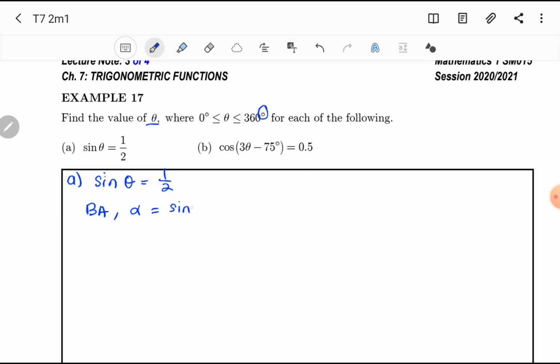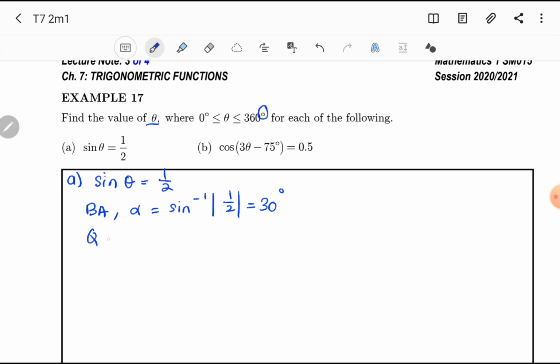We take the inverse, sin inverse of half. Make sure you are using degree mode on the calculator. When you calculate, you will get 30 degrees.